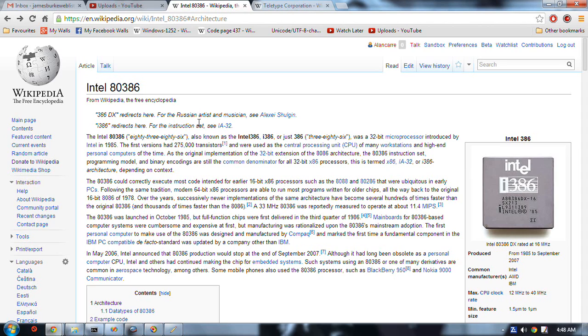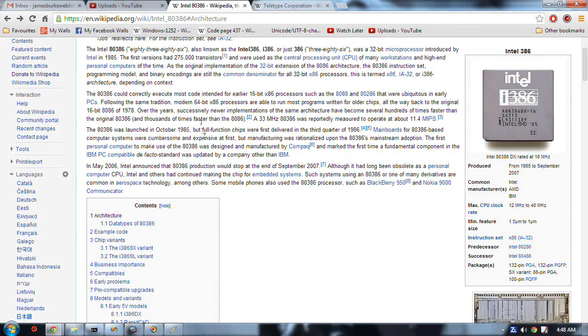There was some protected mode stuff coming on in the 286. But in the 3.1 version of Windows, a couple of the people at Microsoft figured, well, why don't we use some of these features of this chip and see what happens?